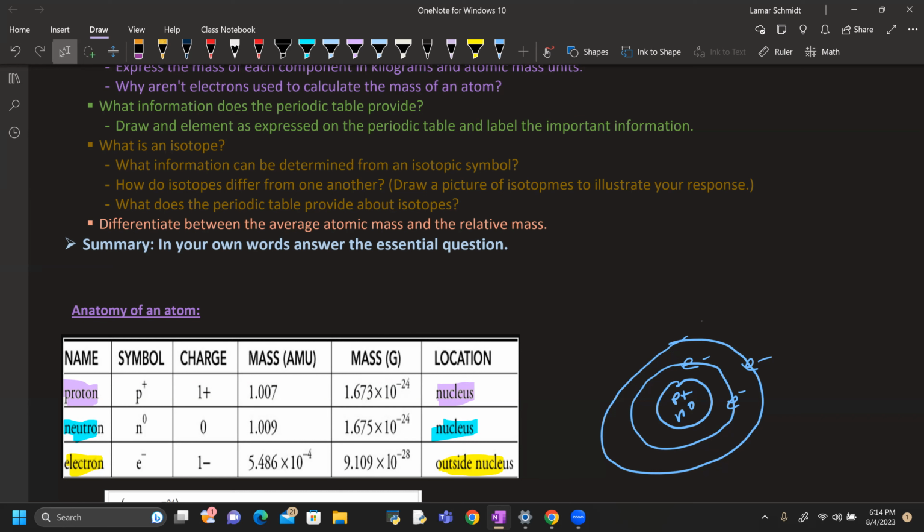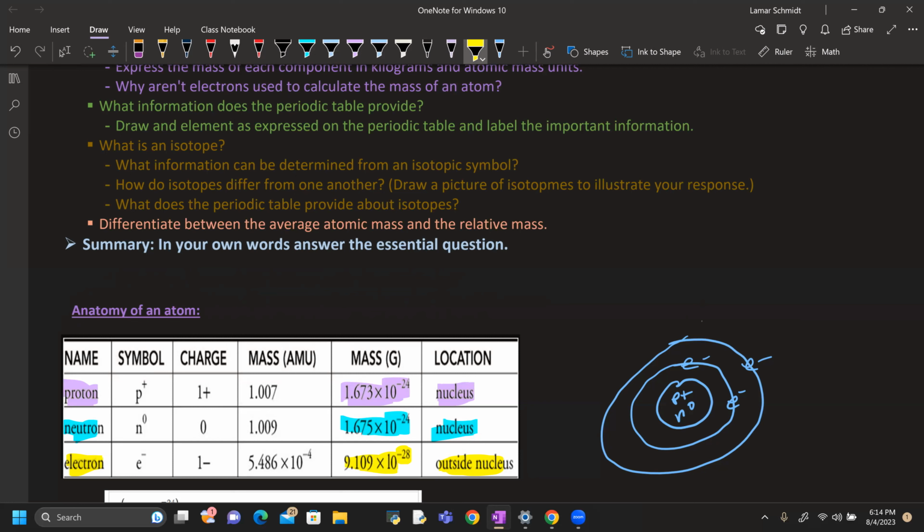We can see that the proton has a mass of 1.67 times 10 to the negative 24 grams, and the mass of the neutron is 1.675 times 10 to the negative 24. So they're really pretty equal. However, the electron is 9.109 times 10 to the negative 28.